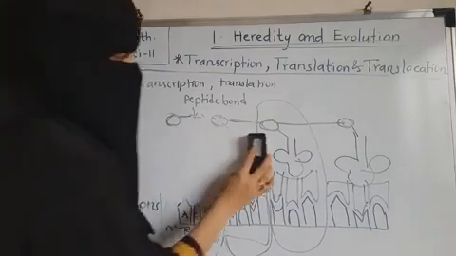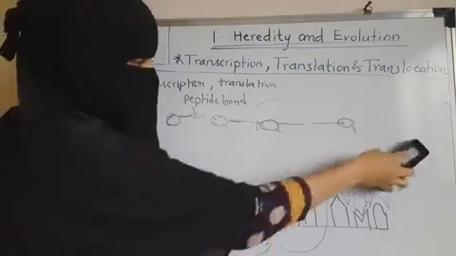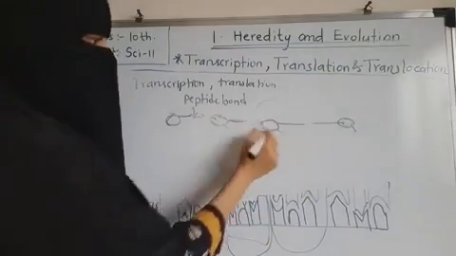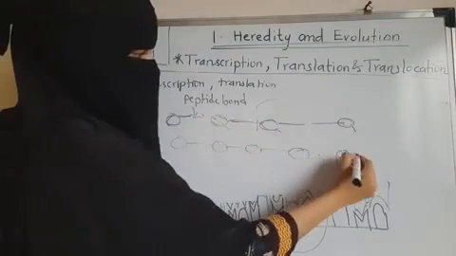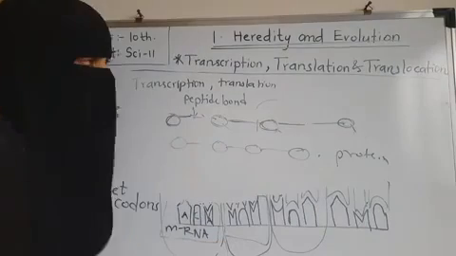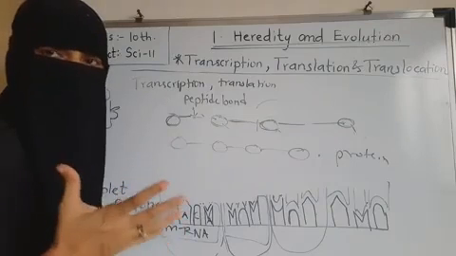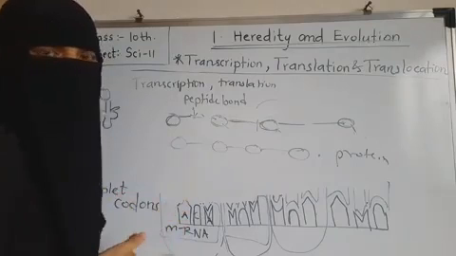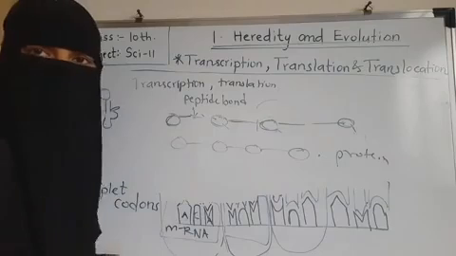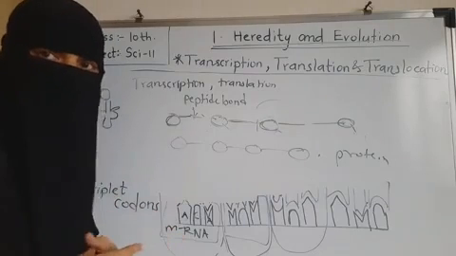Like this, all of these transfer RNA will go away and one polypeptide chain will be formed, and this polypeptide chain of amino acids is nothing but protein. So now we have finished the main concept, the three basic steps in protein synthesis: transcription, translation and translocation. This was the main part of this concept.